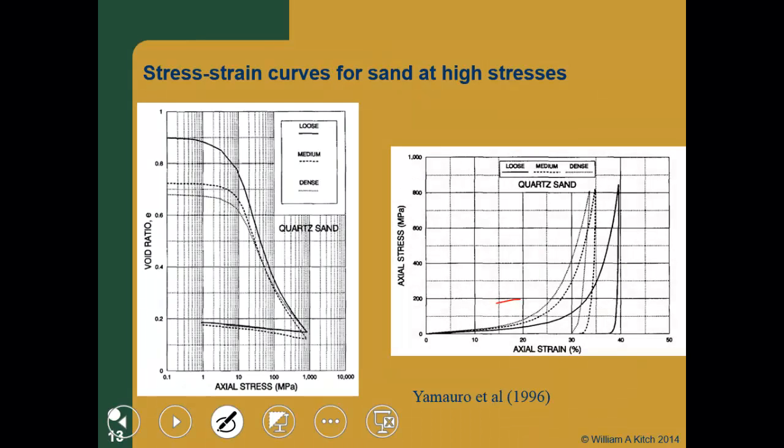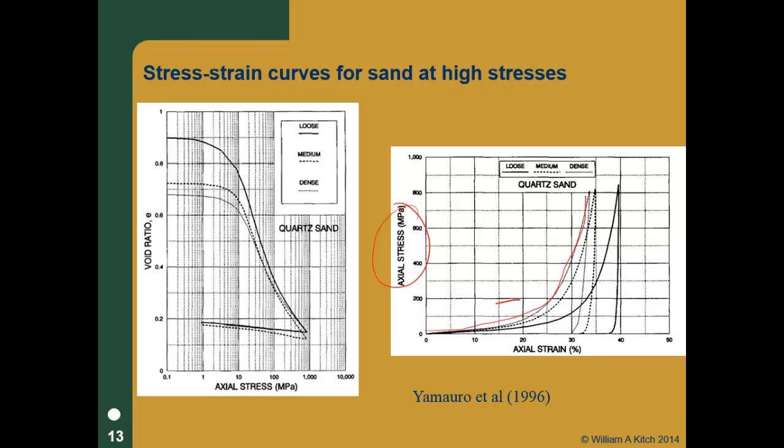Remember, for sands, this is what we had in stress strain space, that these things just get really stiff all the time. So obviously the modulus is a function of the stress level, right? So for those, we don't want that total exponent to be 0 because we want it to have some positive value.